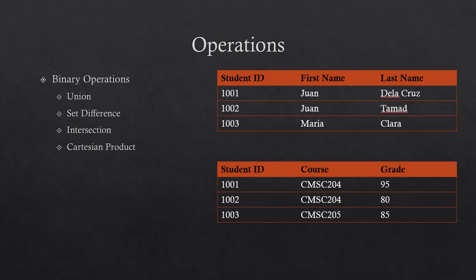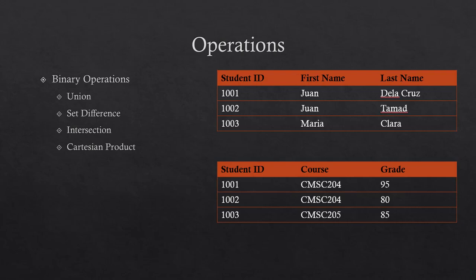Information can be from both tables, or duplicates from each table, but the most important thing for union is that both of your tables must be union compatible.